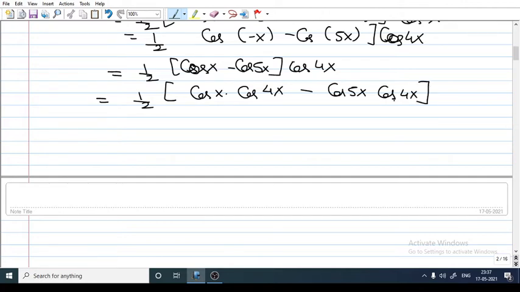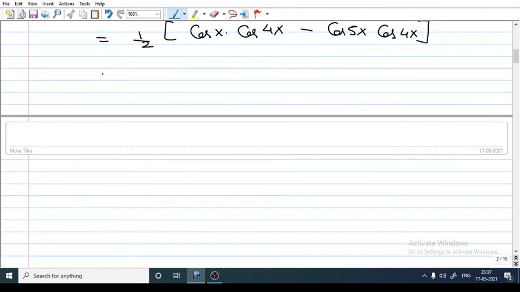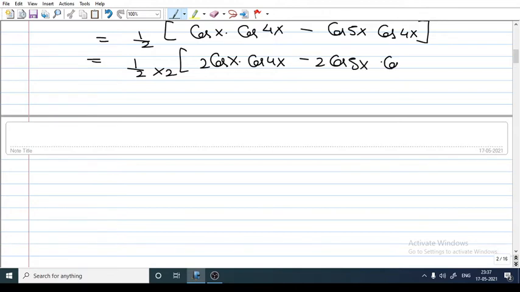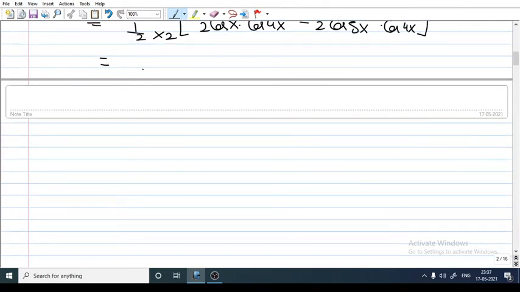Now we are going to multiply and divide by 2. We will get something like this: 1/2 into 2 will be there, the whole will be 2 cos x dot cos 4x minus 2 cos 5x dot cos 4x. After this it will be nothing but 1/4.